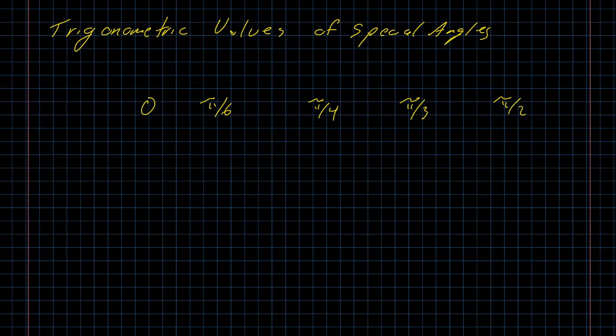Unfortunately, no, pi over 5 is not one of the special angles. I have seen people make an argument that pi over 12 and 5 pi over 12 are also special angles. We tend to leave them out because they're a little bit more complicated. In degrees, this is 0, 30, 45, 60, and 90.